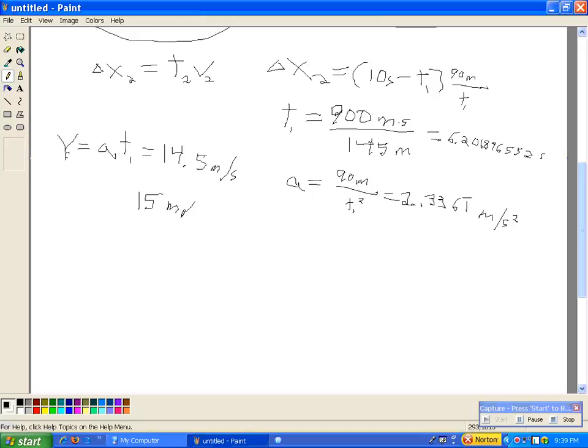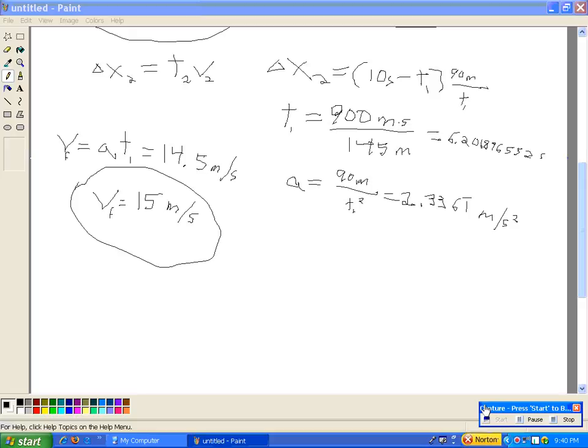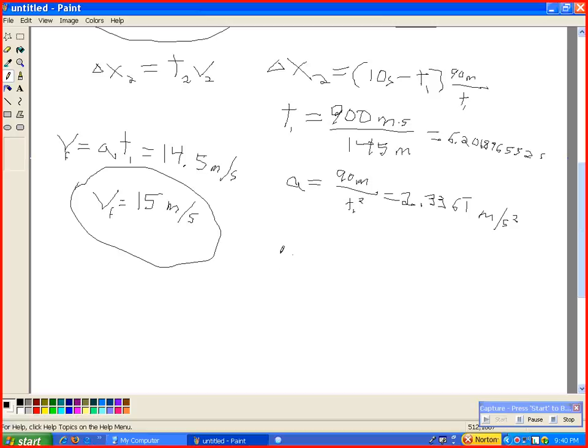Now I'm putting this one in sig figs because part B asks for this specifically. So we still need to do part A. Part A is finding the force. Force equals mass times acceleration.